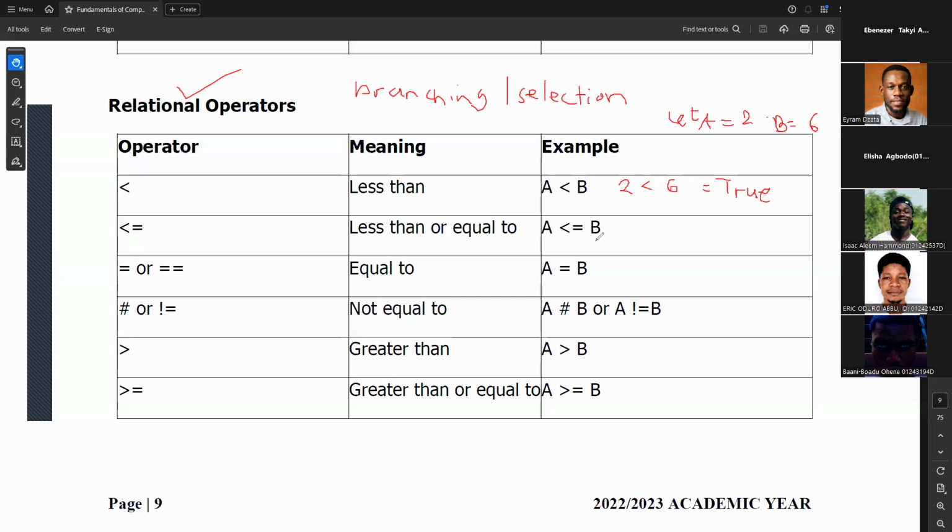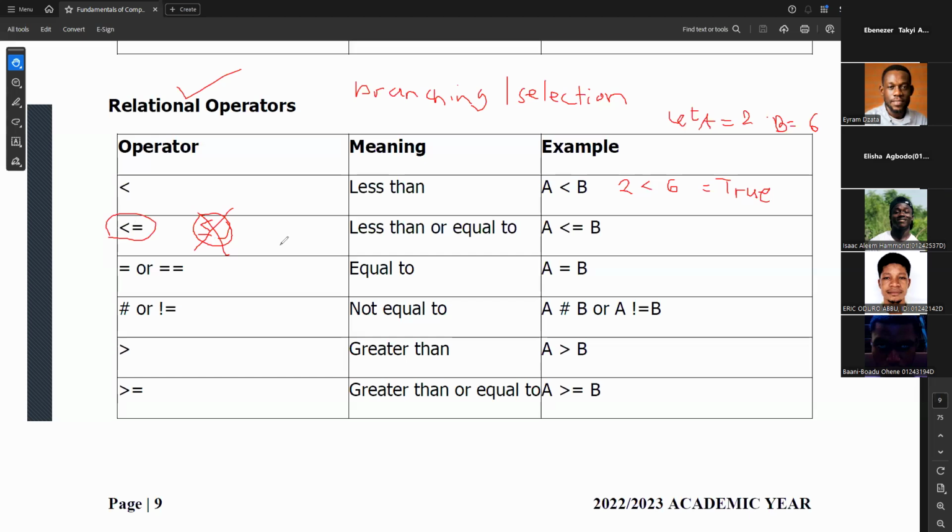That is true. Then we have less than or equal to. We all know this is how we write less than or equal to, but we don't have a symbol like this on our keyboard. So what is accepted is you introduce your less than sign and then you add the equal to symbol to it.